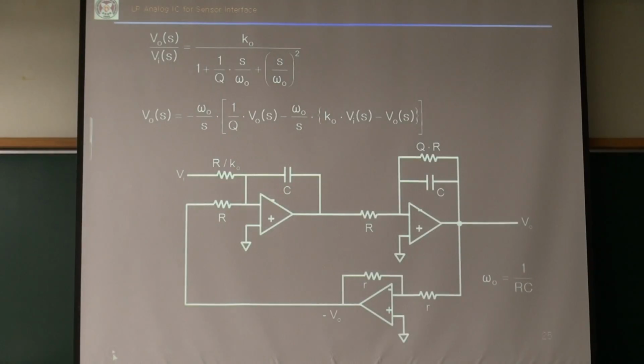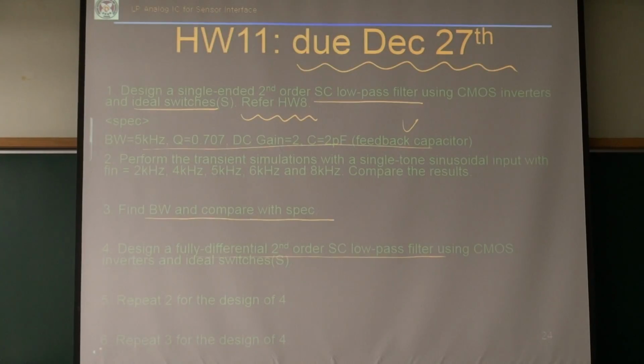This is the active RC version of that second order low pass filter. You just replace those resistors by switch capacitors. However, you need to use only 2 inverters there, not 3.